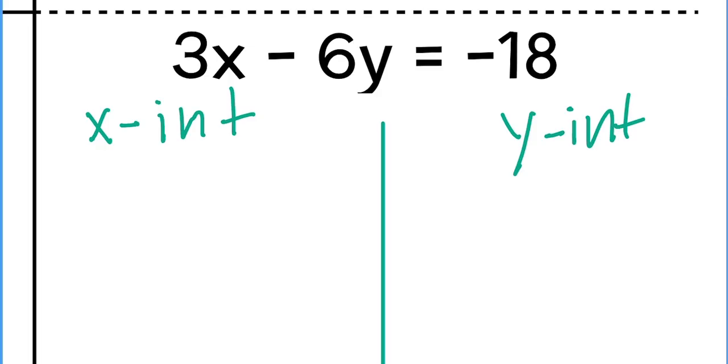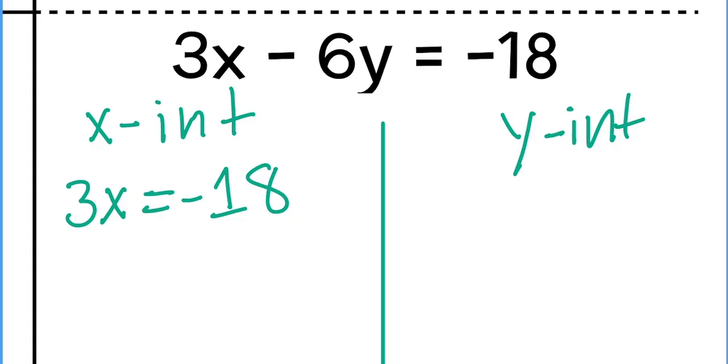For our x-intercept, when we plug y in, or 0 in for y, that piece kind of disappeared, right? So, to make it a little quicker, I am just going to write 3x equals negative 18. Because when we plug 0 in for y, what is negative 6 times 0?